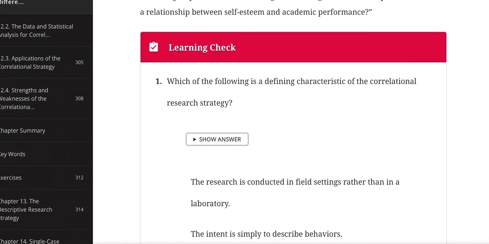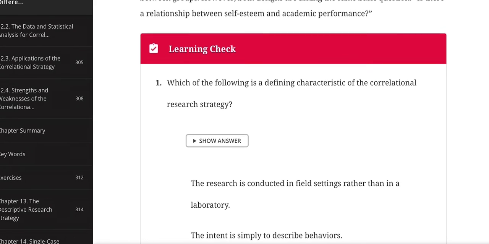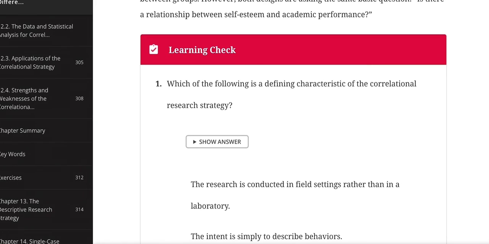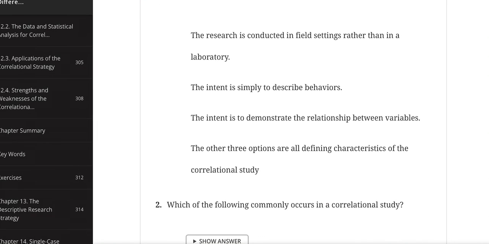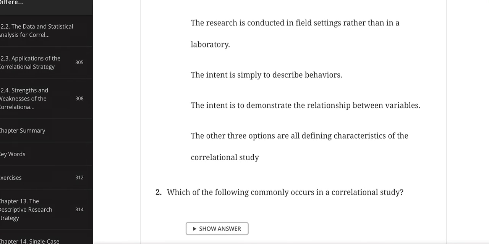So let's do the learning check really quickly. Which of the following is a defining characteristic of the correlational research strategy? Research is conducted in field settings rather than in a laboratory. Well, we already discussed you can do it either place, so that's not true. The intent is simply to describe behaviors. Well, we already said the intent is we're looking at relationships, so that's not it.